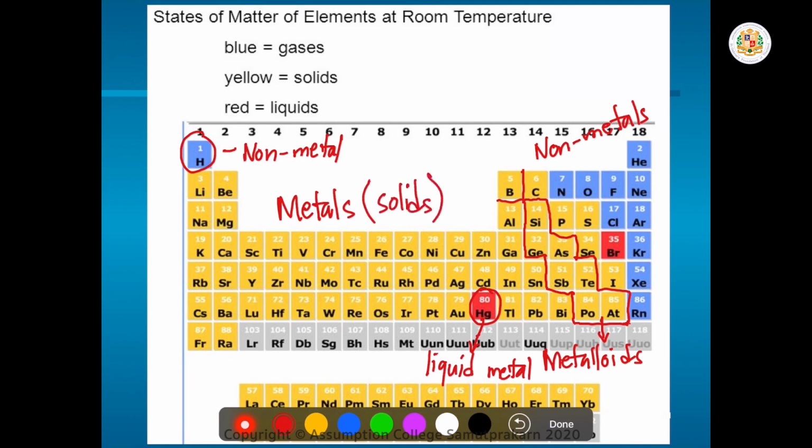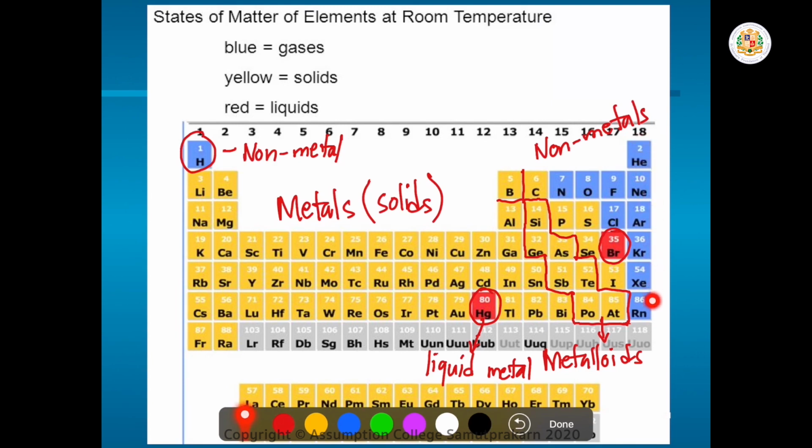Now, on the other hand, we have non-metals. Non-metals, as you can see, have 3 colors. We have blue, gases. We have yellow ones, solids. And we have only one liquid. And that liquid alone is Br, whose name is bromine. So most non-metals are gases.